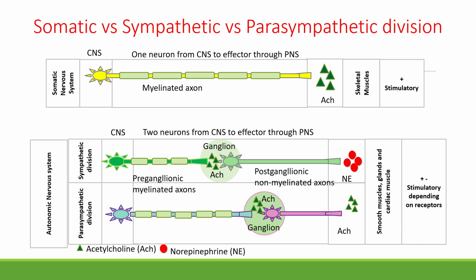particular muscle. When we talk about the autonomic nervous system, we're looking at the parasympathetic and the sympathetic. So looking over at the left-hand side of our chart here on the bottom half.